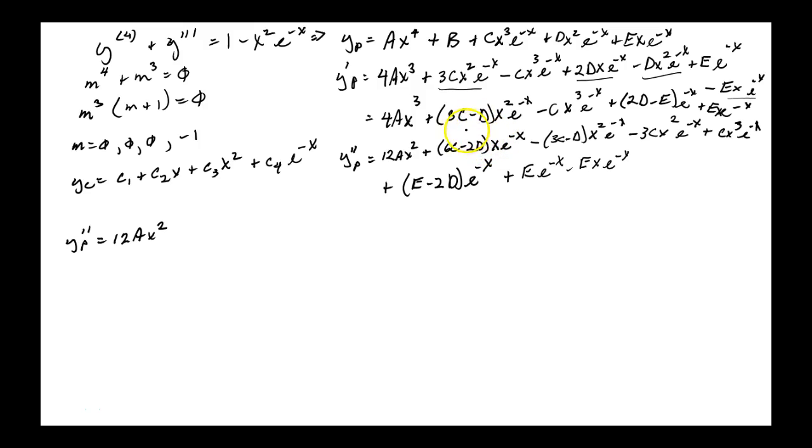So we can combine those two together to be a plus 6c minus 2d minus e, x e to the minus x. All right, so we're taking care of that one, and this one. Do we have any x squared e to the minus x? Yeah, two right next to each other.